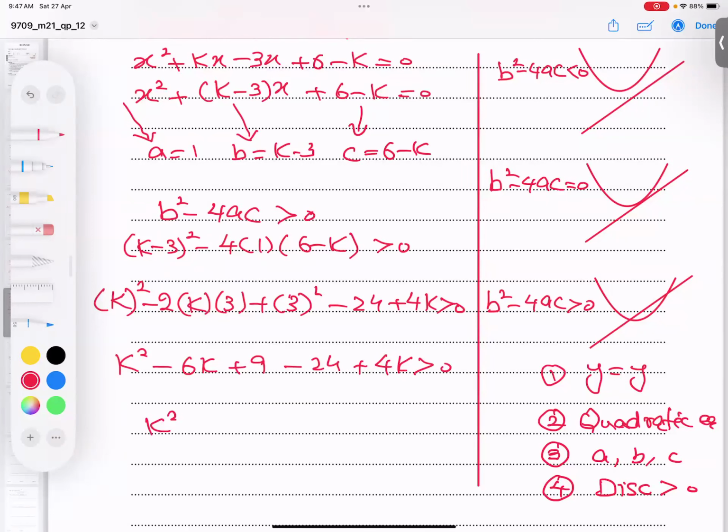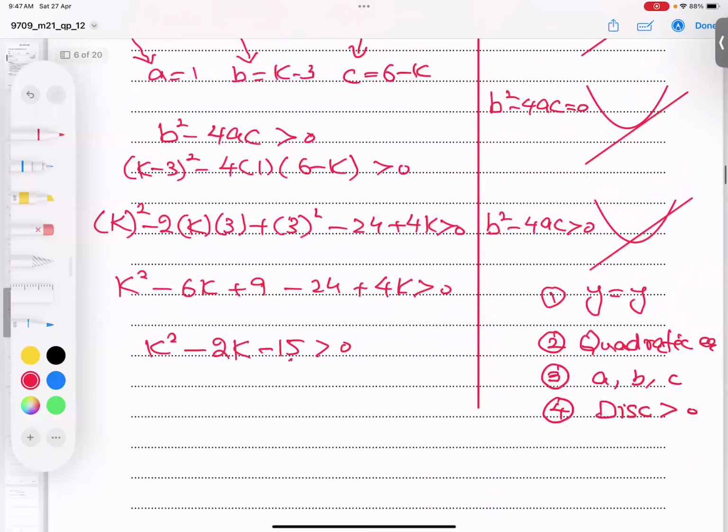Reorder. So this and this will give us negative 10k. Sorry, this is negative 2k, not negative 10, because negative 6 and positive 4. And this is giving us, if you subtract, negative 15. Now, 15 ones are 15.